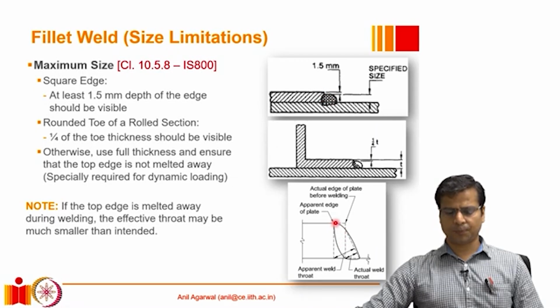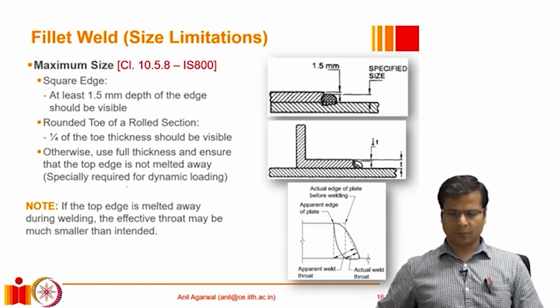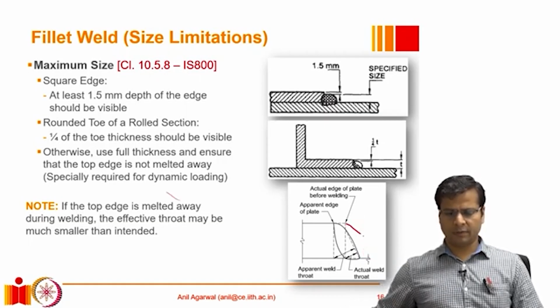So in this schematic, if you can see here, this edge represents the top edge of the bottom plate. This edge is the top edge of the top plate. Originally the plate was up to this point, and we were required to provide a weld of this size. Now ideally we should have deposited this material from here to here of that size, and we would have achieved sufficient throat thickness.